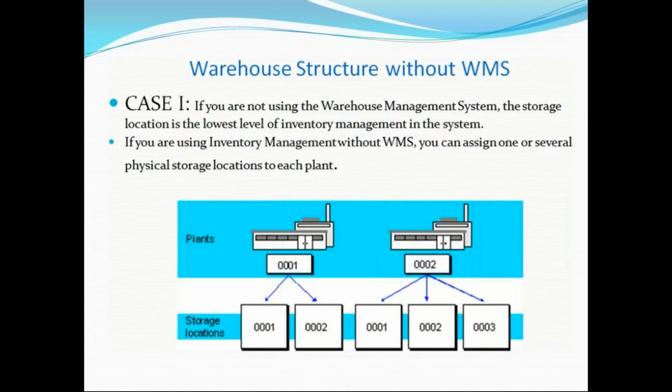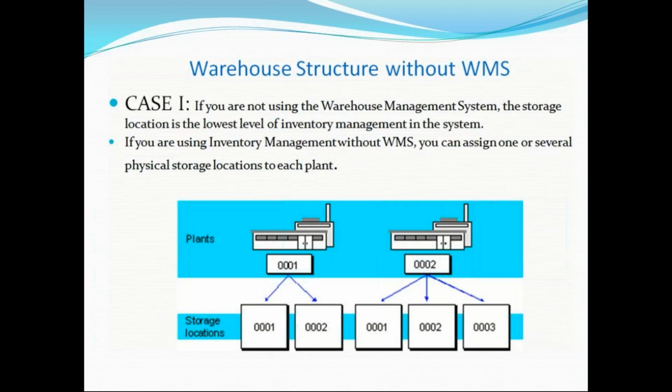If there is no warehouse management, for example, plant 2 is getting some material from plant 1, that is 0001. So plant 2 will raise the purchase order for 100 drugs.